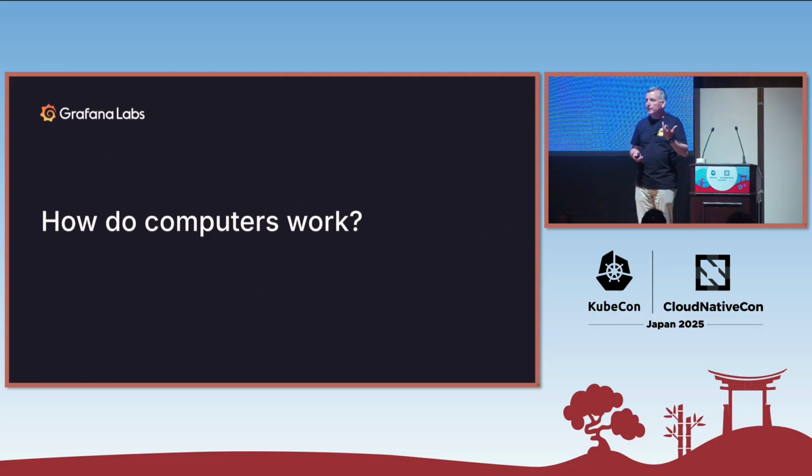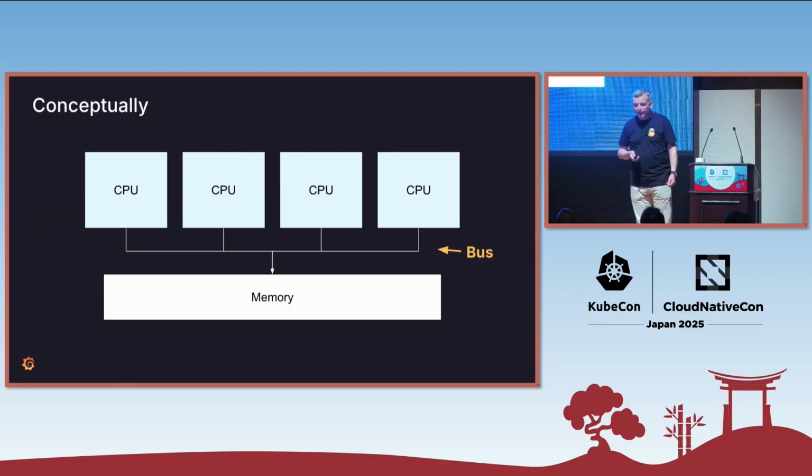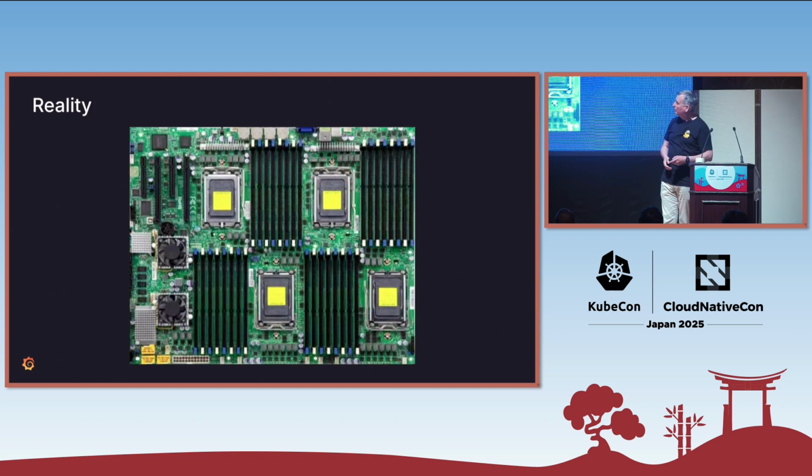Well, if we learned about how computers work, we get some kind of picture like this. We have multiple CPUs in the machine. We have memory, and we have a bus. And they all talk together on the bus. Well, this is a picture of a real computer.